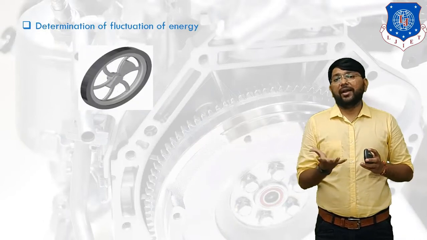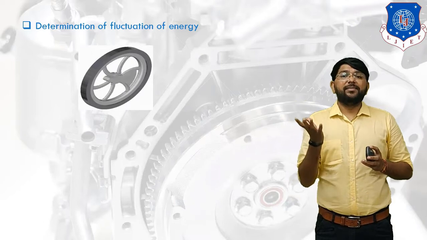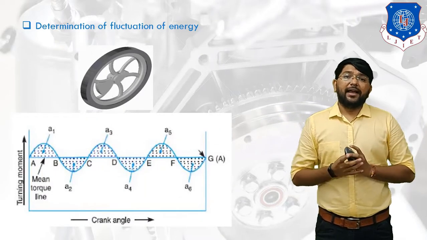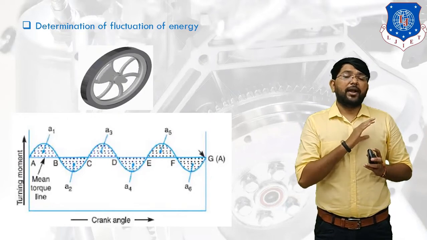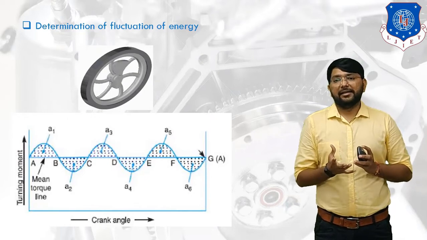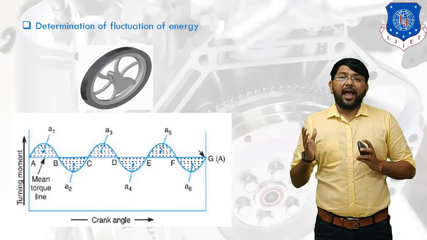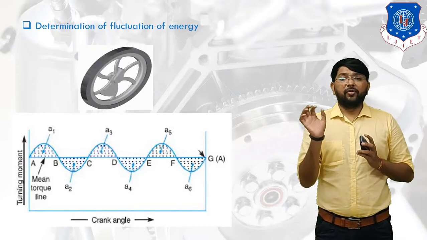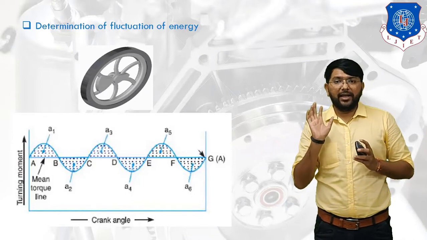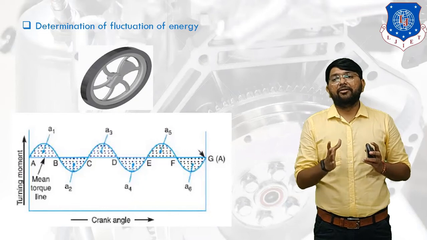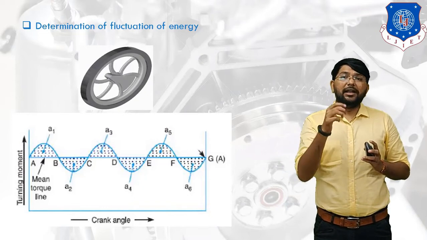Fluctuation of energy is the difference between maximum energy and minimum energy. In this diagram you see a turning moment diagram for a multi-cylinder engine, turning moment versus crank angle, with some positive loops and some negative loops. A positive loop indicates the flywheel gains some energy, and a negative loop indicates the flywheel has to deliver some energy.